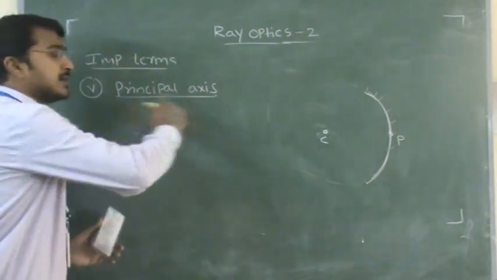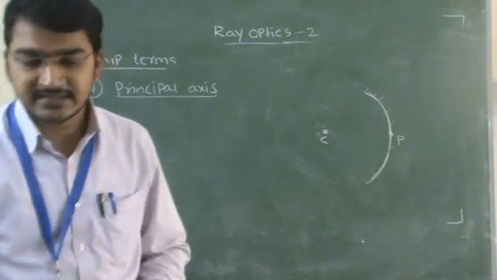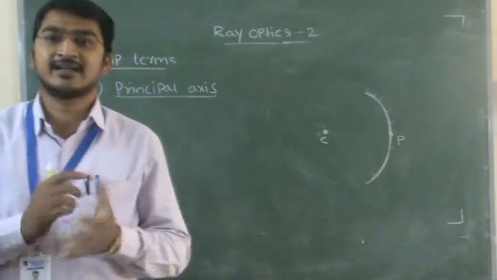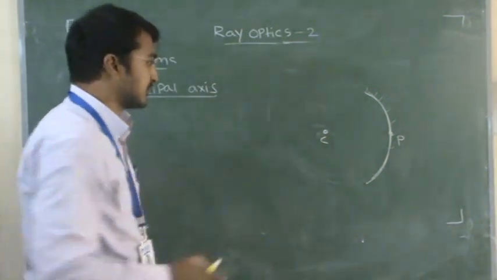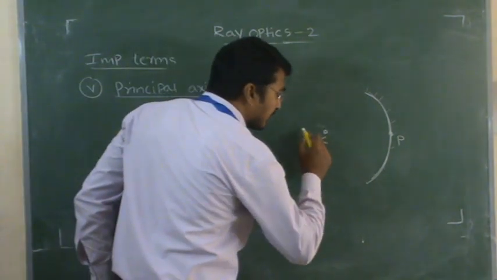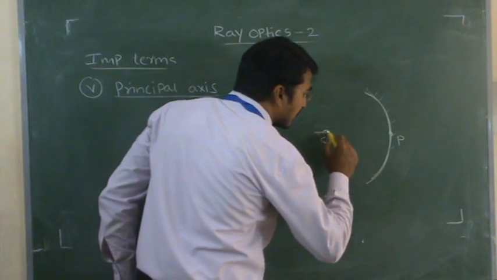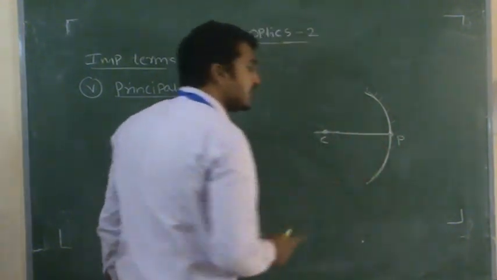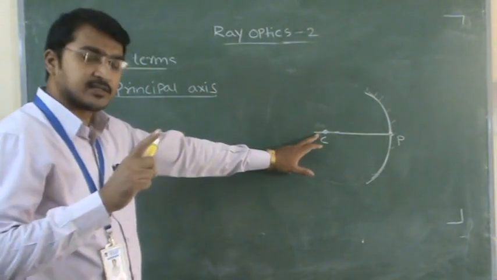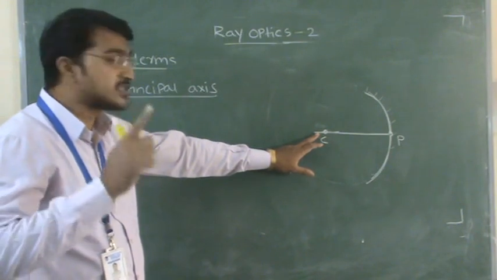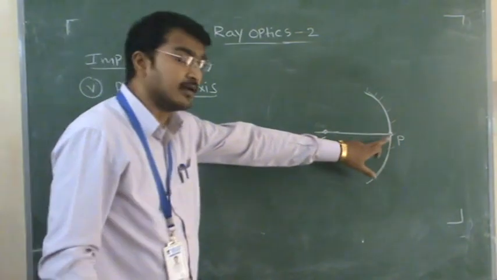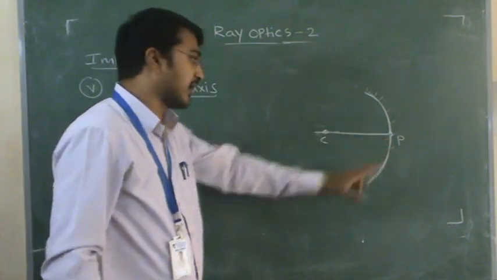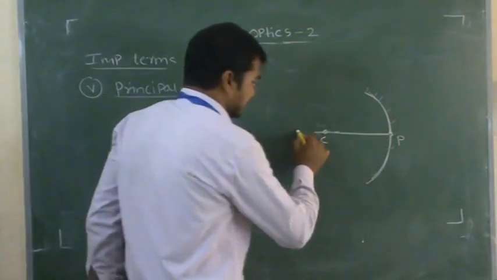What is principal axis? Principal axis is nothing but a straight line which is passing through both C and P. It is a straight line passing through the center of curvature and pole of the mirror, on both sides.